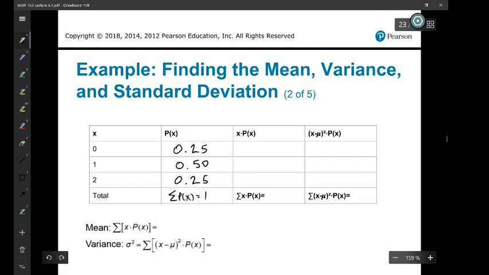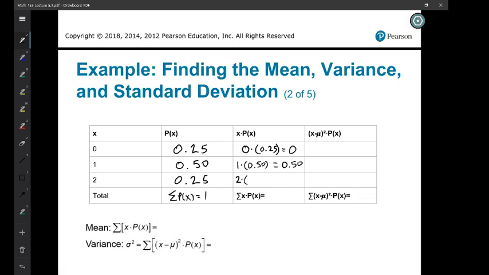So the first x, the first random variable, is 0. The probability of that random variable is 0.25. We get a value of 0 for that product. The next random variable, 1, has a probability of 0.50, so multiply it by its probability and you get 0.50. The next discrete random variable is 2, and here we have a finite number of discrete random variables.